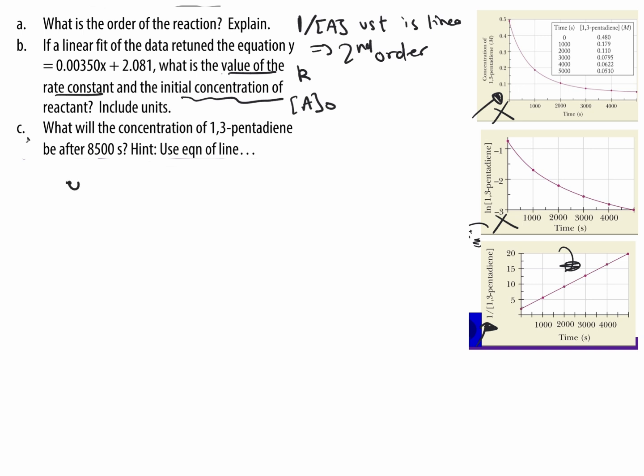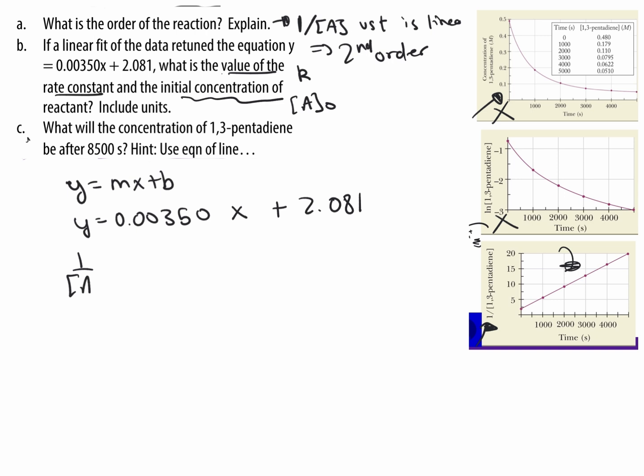So we have our normal y equals mx plus b, and I'll write that out. y is equal to 0.00350 x plus 2.081. We compare that to the equation of our model. We look at the equation sheet, which says 1 over A is equal to kt plus 1 over A naught.